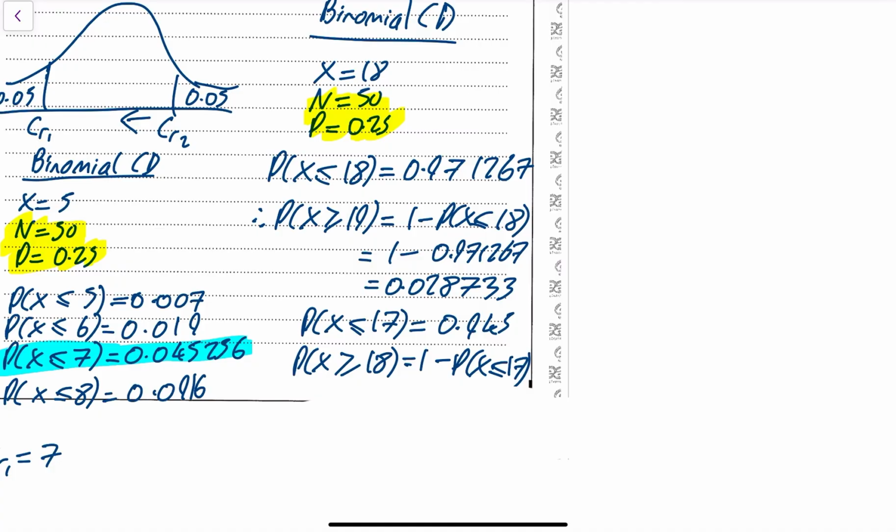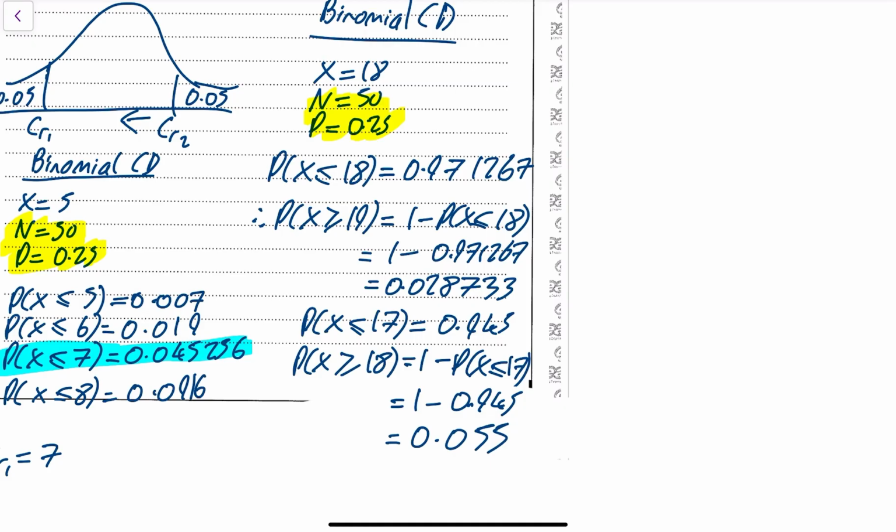Okay, which would be 1 minus 0.945. And if you do 1 minus 0.945, you get 0.055. Okay, pretty darn close, but it's too big.